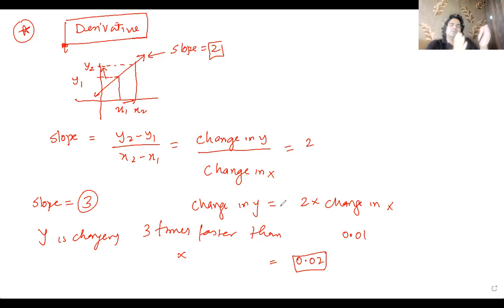Now, how is it linked with our topic, the derivative? Why do we need this differentiation skill?